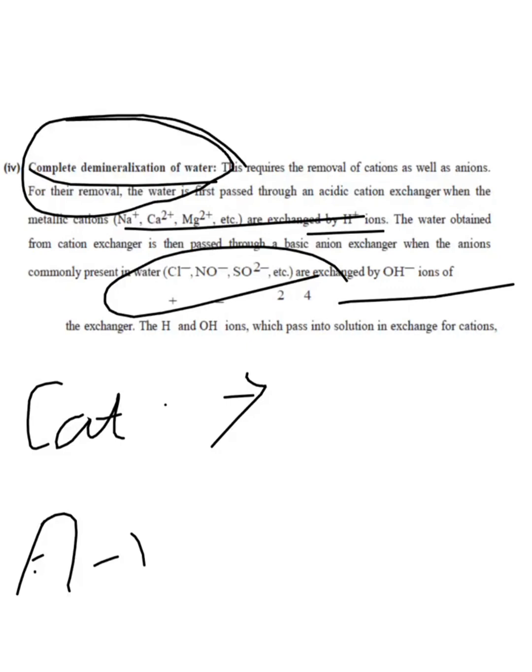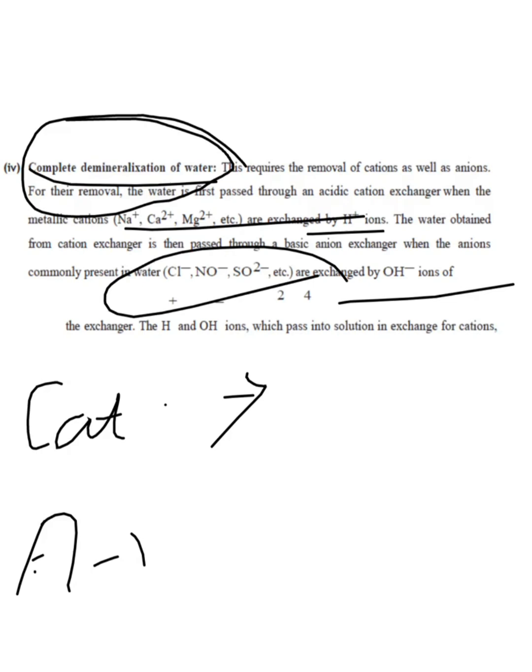Take cation exchange resins and anion exchange resins; these are the two concepts you should know, and further the mechanism, how it works by diffusion of the ion through the matrix of the stationary phase, and then it is separated.